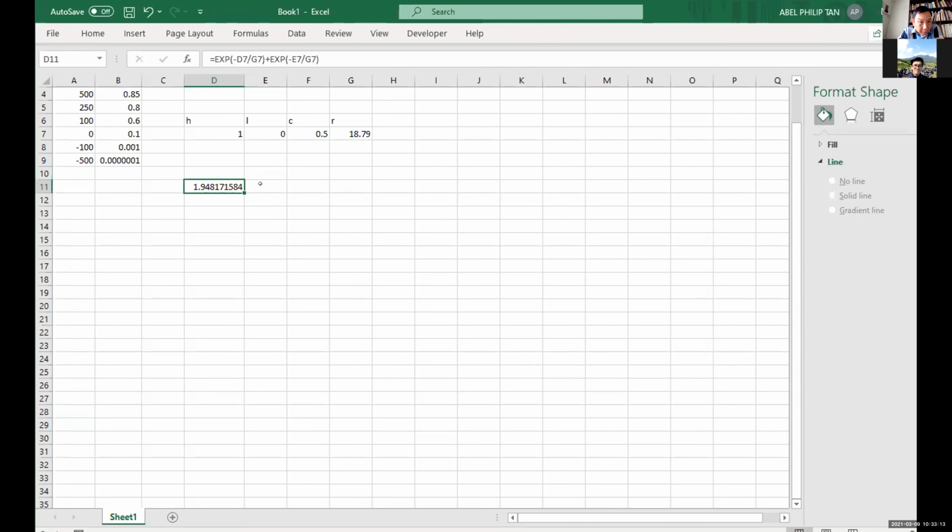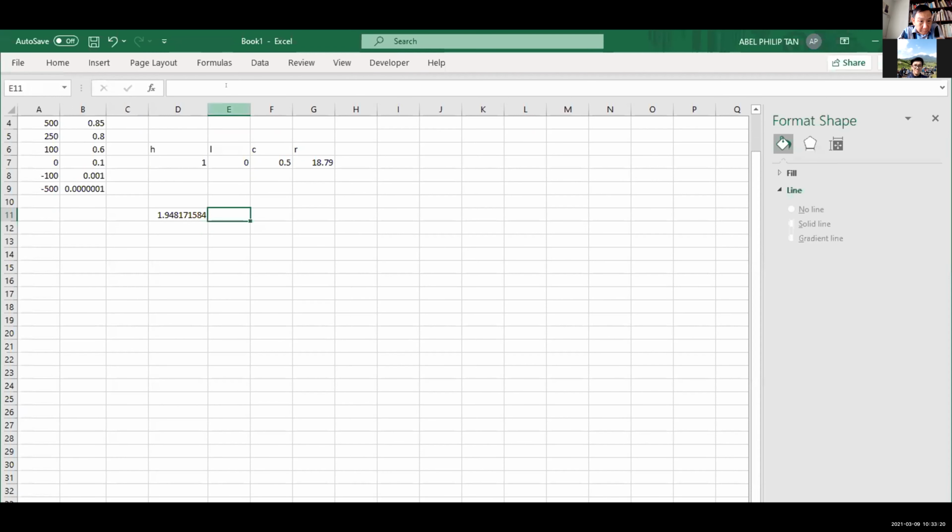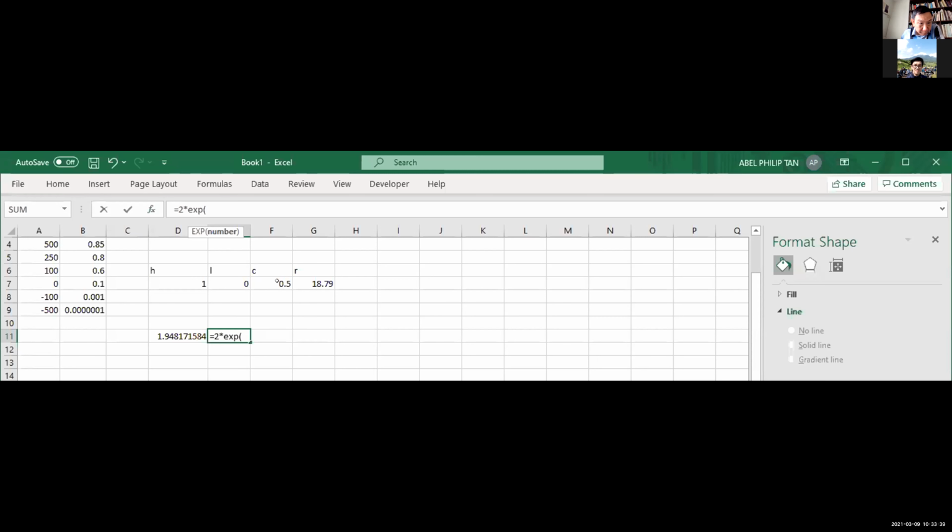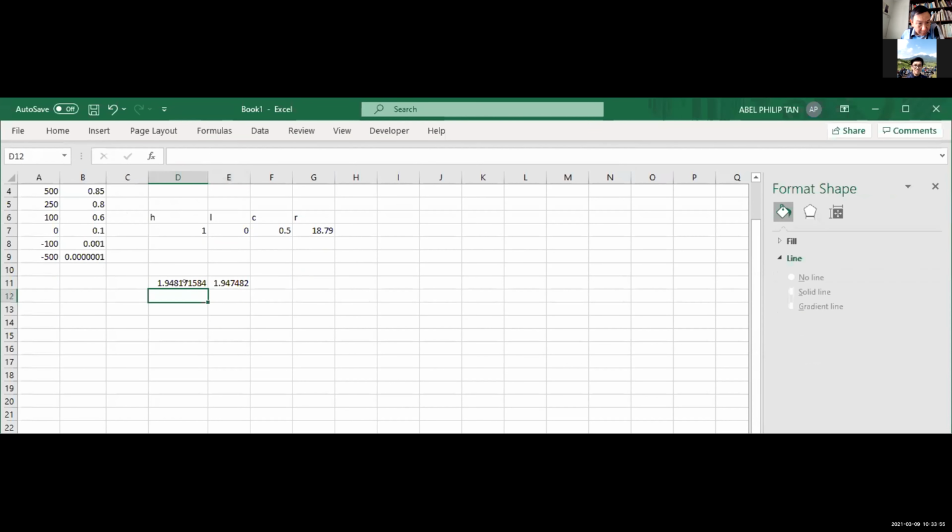So this is the left-hand side. Then you calculate the right-hand side: 2 multiplied by exponent of minus C over R. Then you take the difference in the next cell, minus.